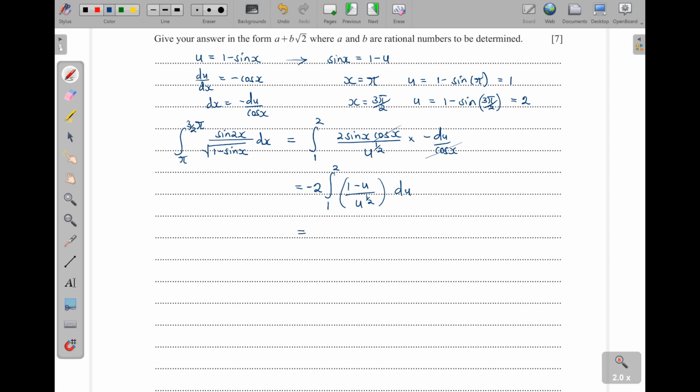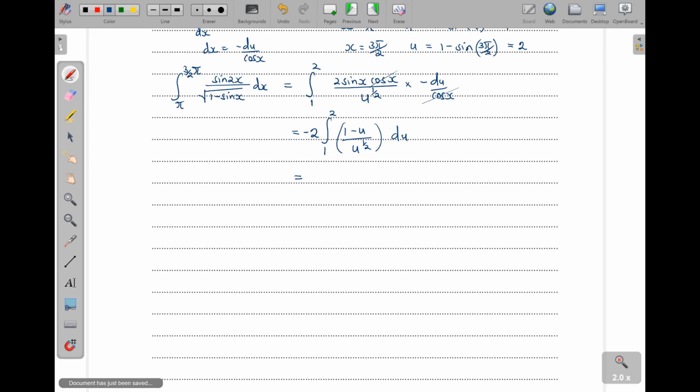Now let's look at what we are having here simplified. This is negative 2, integral 1 to 2. Whatever is in the numerator has this denominator here. So we shall have 1 over u power half, and then u over u power half. Of course, using the rules of indices, this one will be u power negative a half.